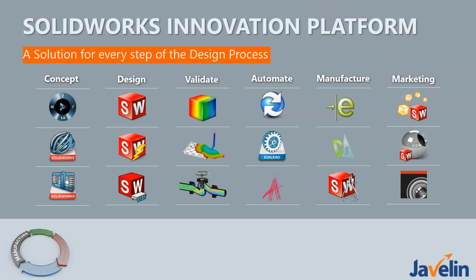When they first started, all they had was SOLIDWORKS mechanical design, just the core SOLIDWORKS that you all know. Since then, they've developed products for every stage of your design process, all the way from concept to marketing. If you have any bottlenecks in your design process and you're wondering if there's a tool out there to help you, let us know, and I'm 100% sure we'll find something that will help you get to manufacturing faster.